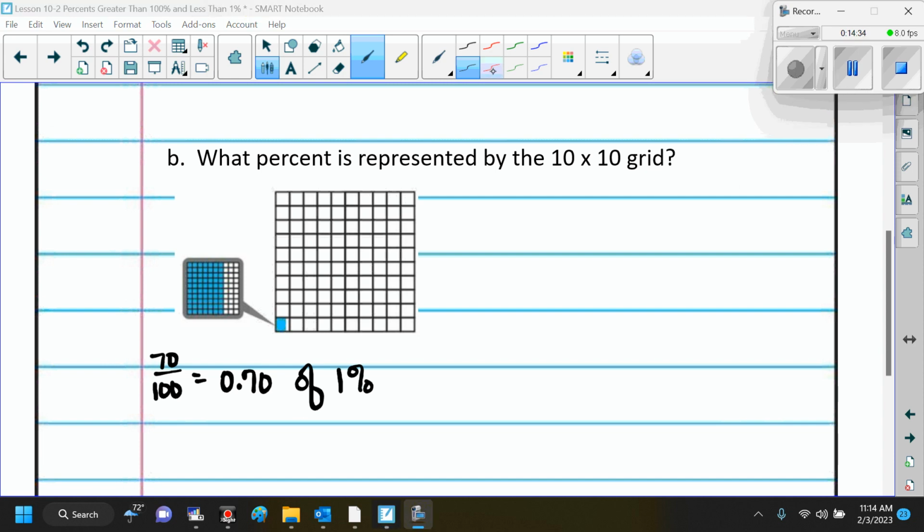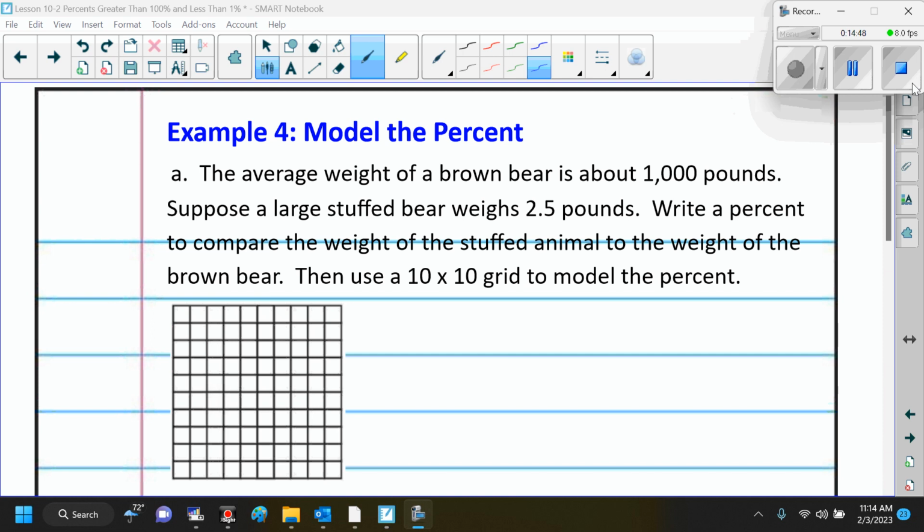Now, do I need that trailing zero there? No, you don't need that trailing zero. So what's my final answer going to be? 0.7%. Very good.